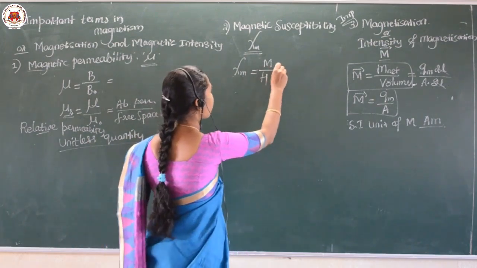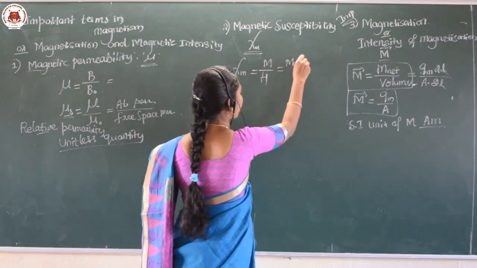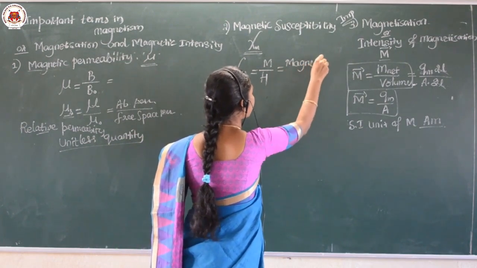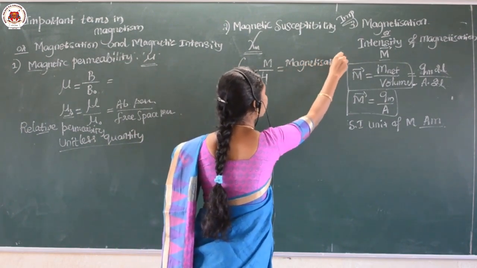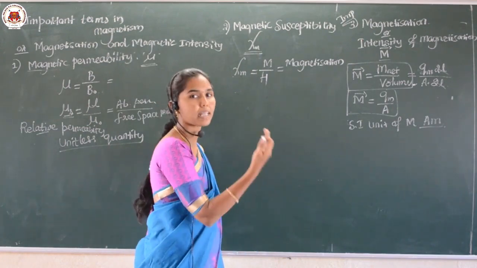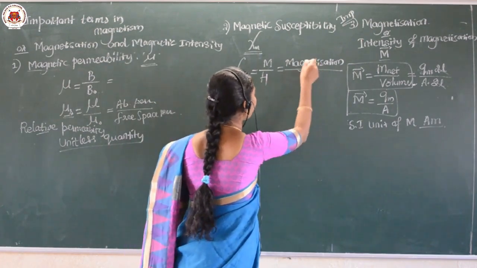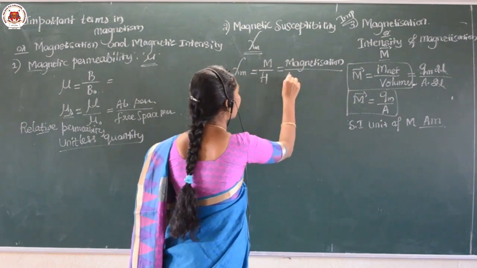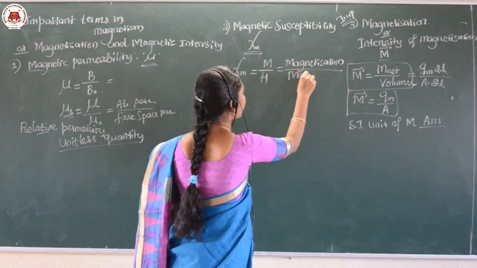Here M is the magnetization. What is another term for M? Intensity of magnetization. So M is the magnetization, and here H is the magnetizing field.